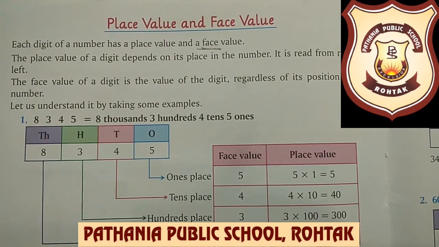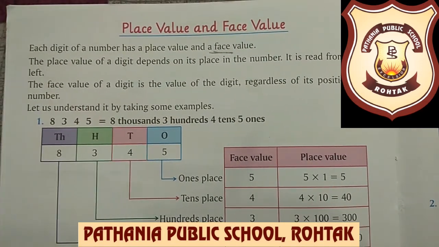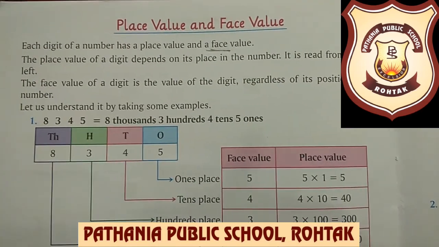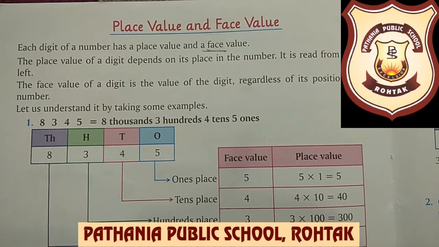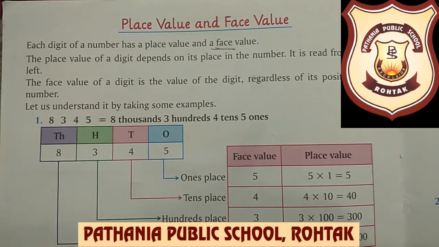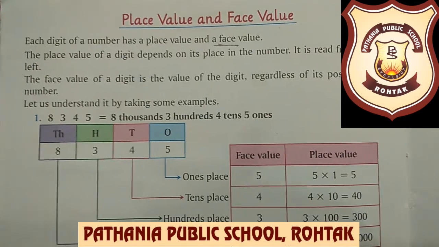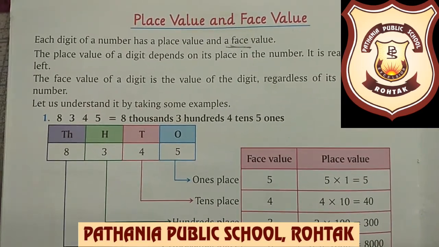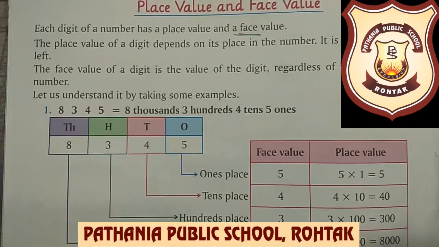Your face is different, your siblings' faces are different, your father, your mother, your teacher, everyone has a different face. In the same manner, each digit also has a different face, and we identify the face value by observing the face only. That's why the face value has no relation with the place of the digit.